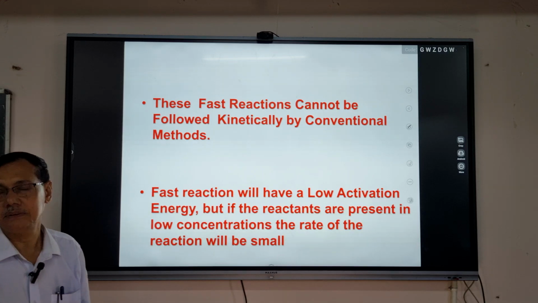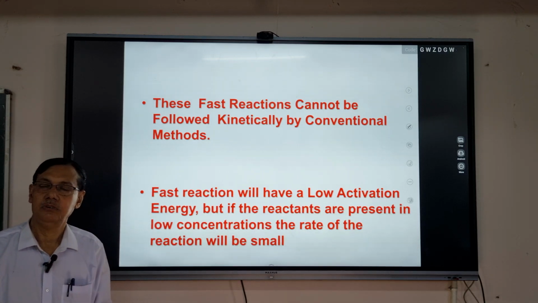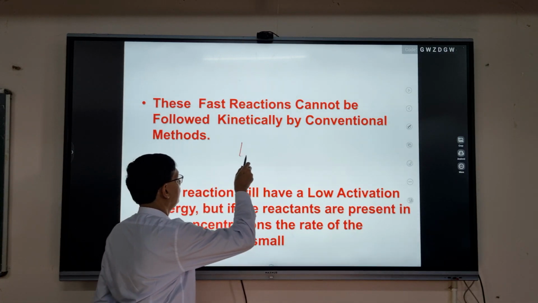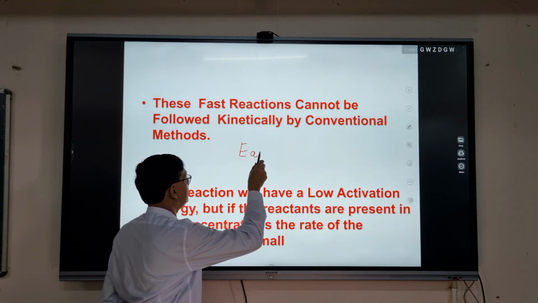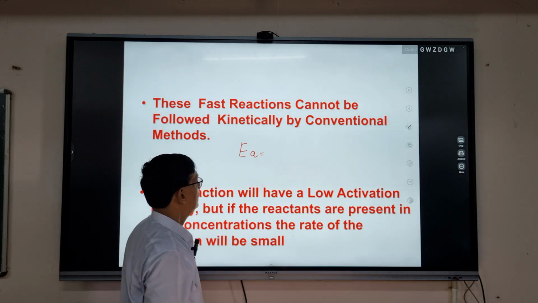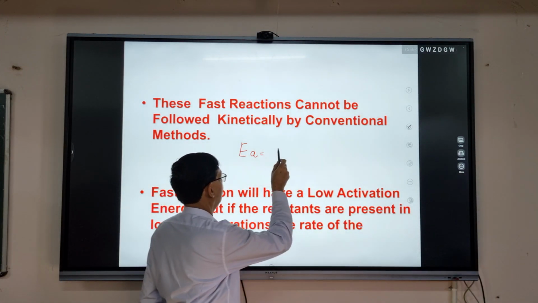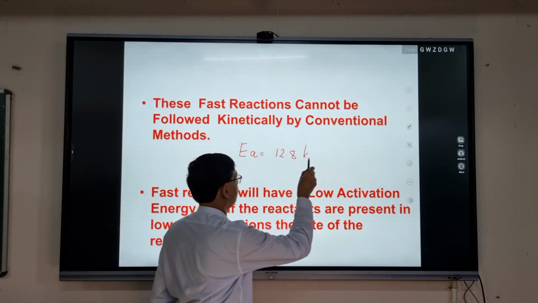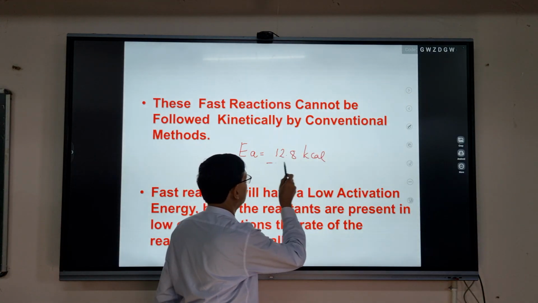And it is quite obvious that if you calculate the activation parameters of hydrolysis of ethyl acetate, if I am not wrong, it is approximately 12.8 kilocalorie energy of activation.